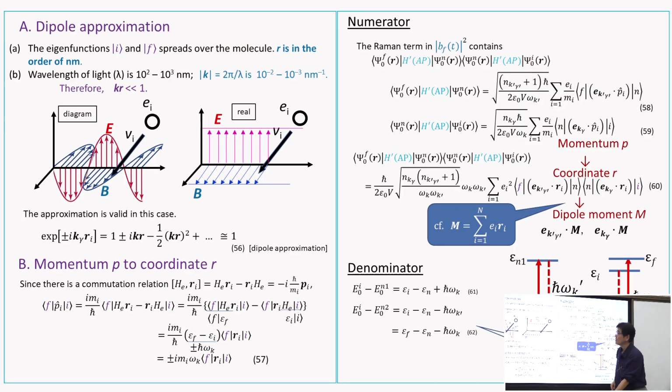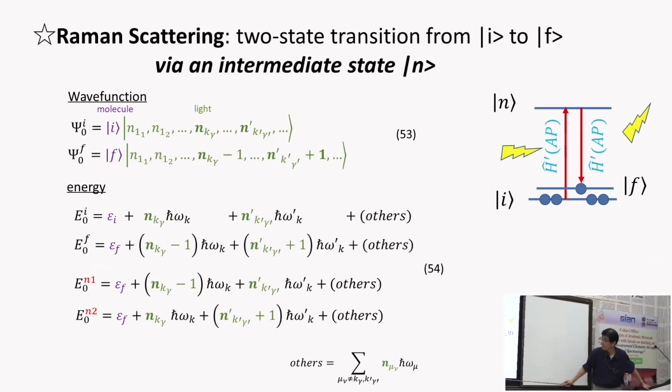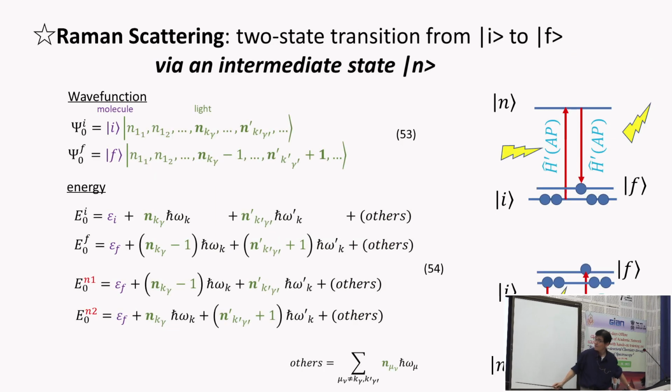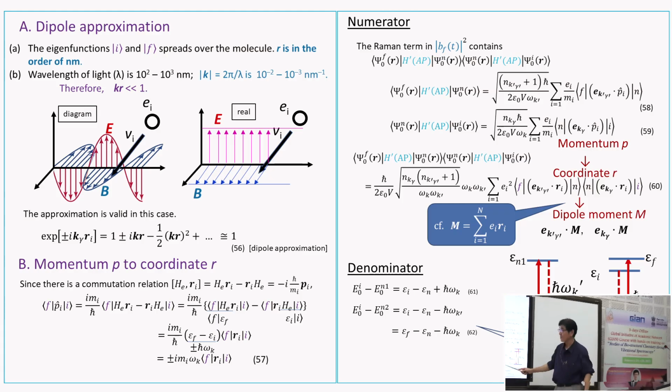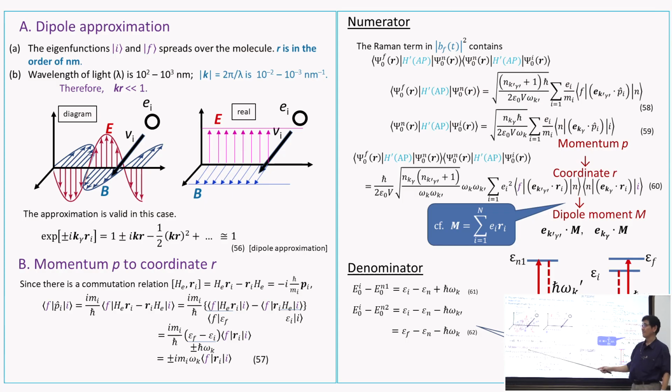Then what happens? Later it appears. But when we consider the exponential function, exponential plus or minus ikr, then kr is much smaller than 1. Then it's possible to expand in this way.